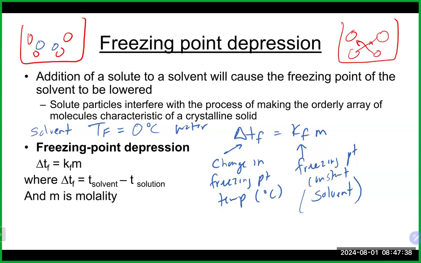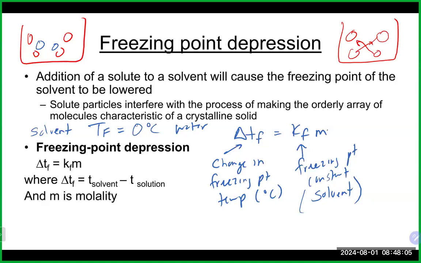If by some chance you have a problem where the solvent is not water, it is some other substance, it may have a different freezing point than 0 degrees. So you got to make sure that you figure out what that is. The good news is usually in that table where you find the Kf constant, they oftentimes will have the normal freezing point of that solvent with it. So a lot of times they'll be in the same table, and you can find that information pretty easily.